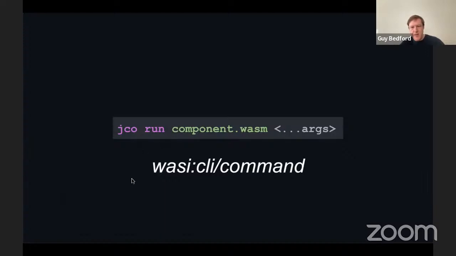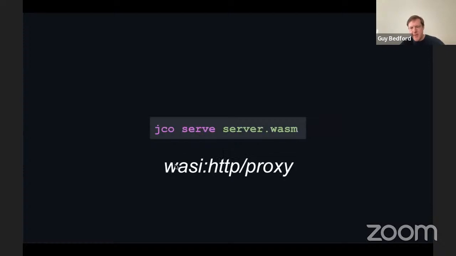There's going to be a couple of top-level commands for Jcur. There's Jcur run, where you can run an actual binary, and it'll support all of the system bindings and run it to completion. And then we have Jcur serve as well, which supports the HTTP proxy world. So in this HTTP proxy, you can write a server handler fully in WASM, and it'll work.